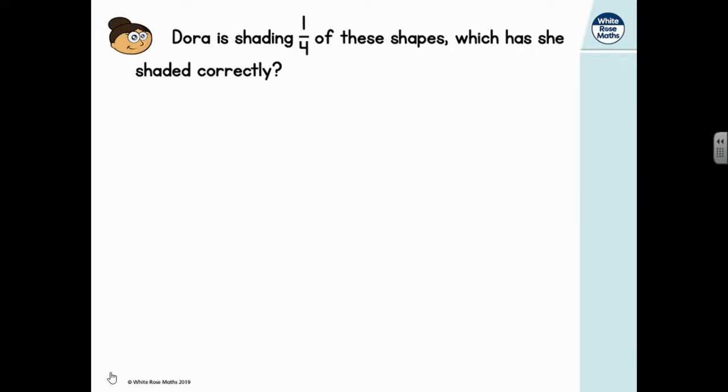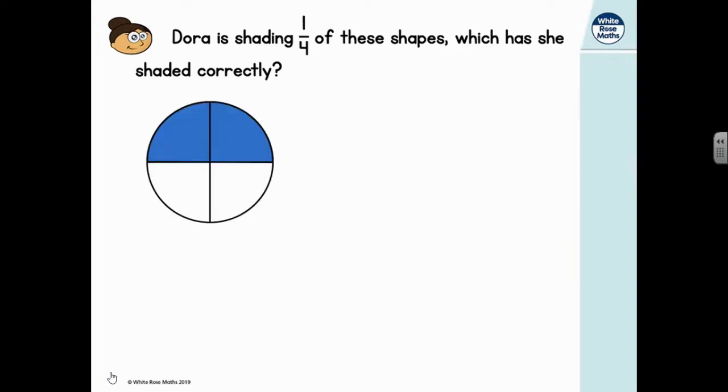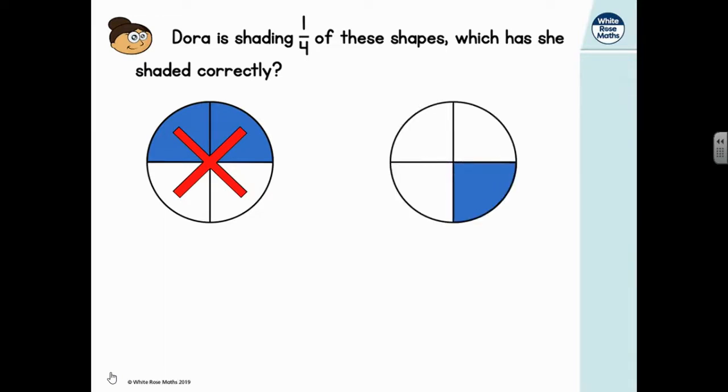Dora is shading 1/4 of these shapes. Which has she shaded correctly? This first one? No. She shaded 2 out of 4 equal parts. And we know that a quarter is 1 out of 4 equal parts. What about this next one? Yes, 1 out of 4 equal parts.